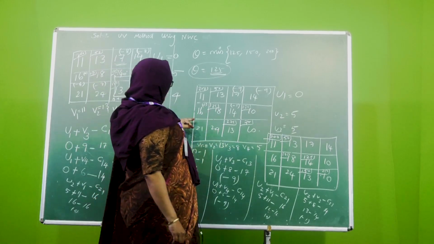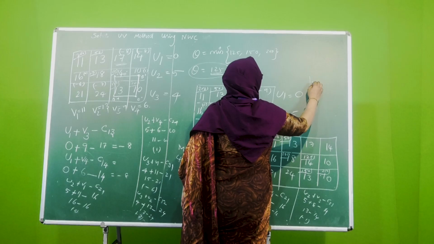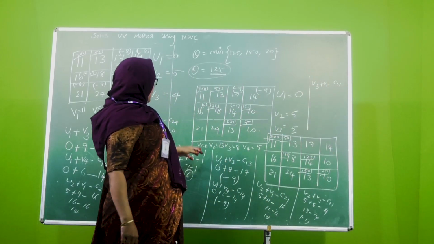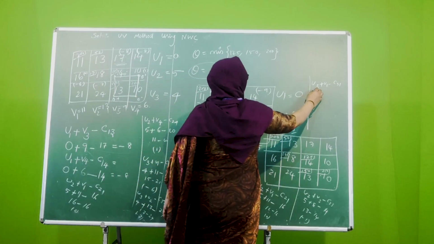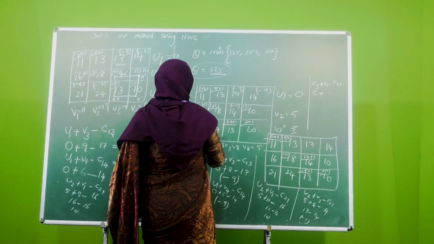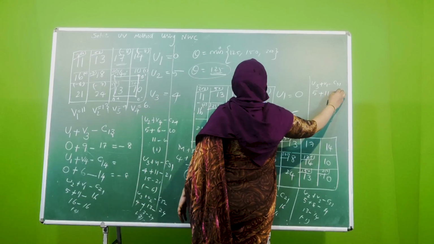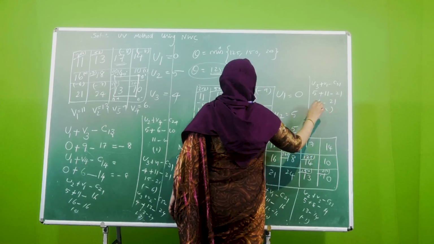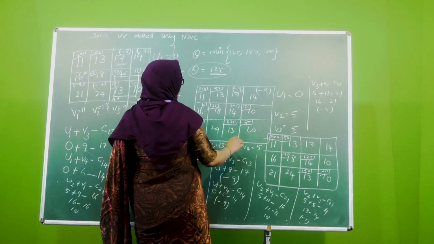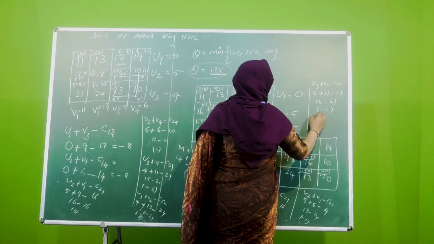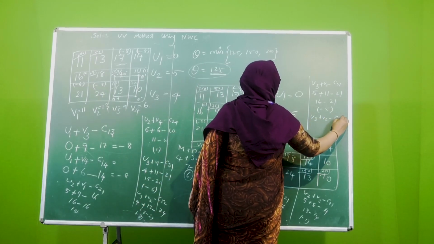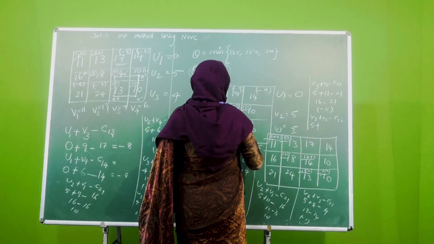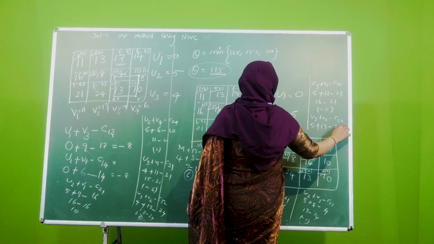Another, u3 plus v1 minus c31. u3, 5 plus v1, 11 minus 21. 16 minus 21, minus 5. Next, u3 plus v2 minus c32. 5 plus v2, 13 minus 24.